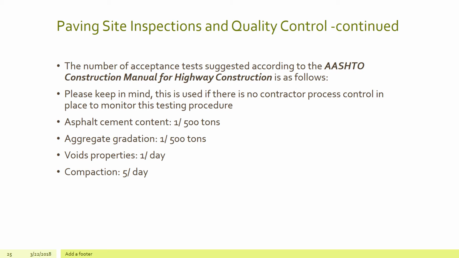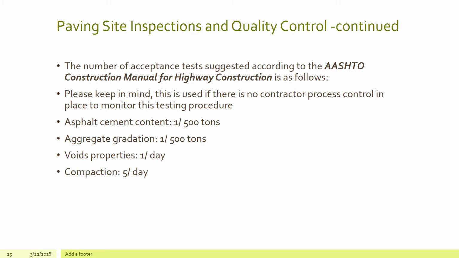The number of accepted tests suggested according to the AASHTO Construction Manual of Highway Design or Construction is as follows. Keep in mind, of course, this is used if there is no contractor process control in place to monitor the testing procedures. Basically, the design professionals have a process control that they want followed.